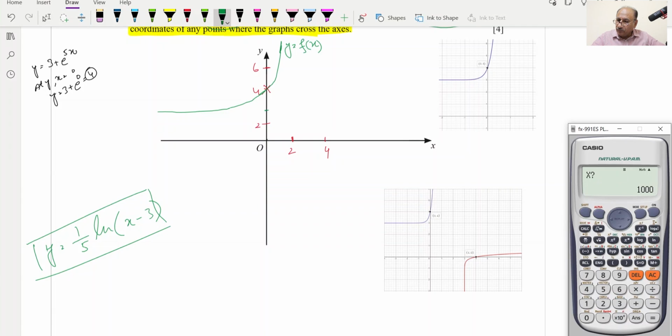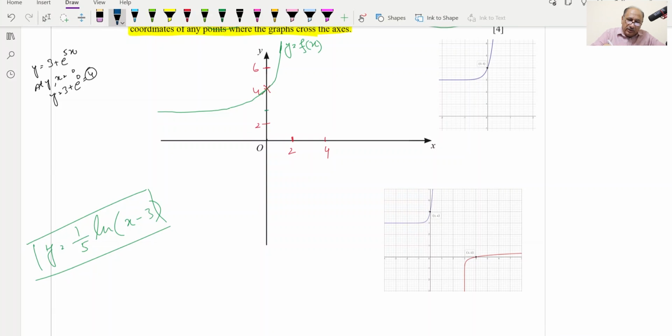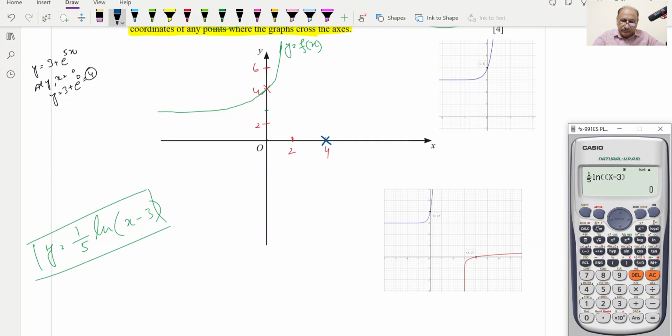Calculating for x equal to 4, this is equal to 0. So the curve is passing through this point, and then we can check the other points, a little lesser than 4 and a little more than 4.